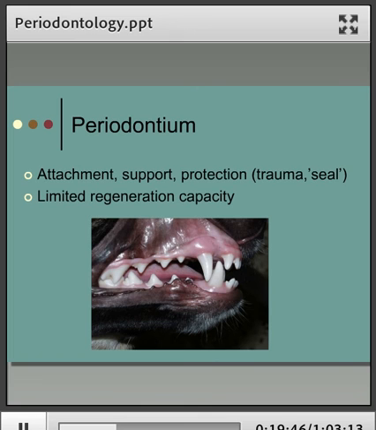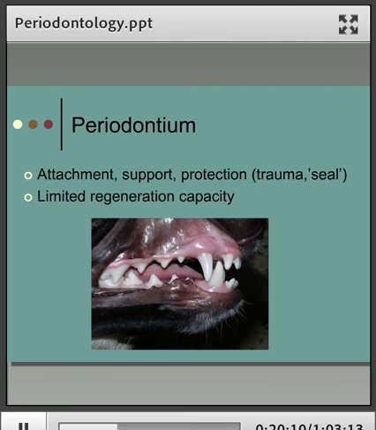Combined together, these support our tooth and hold it within the mouth, and create this seal preventing the ingress of bacteria from the mouth and into the blood vessels and tissues of the inner animal. So great, it does a pretty good job, and it's as good as the body can manage.